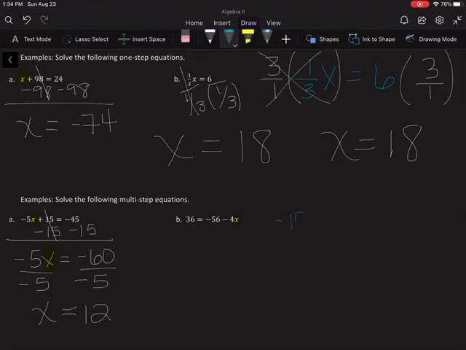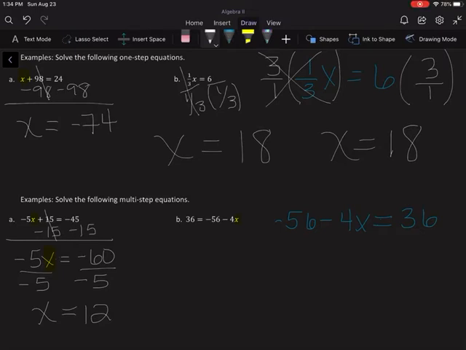If it is easier for you to switch it around, if you prefer that, that's okay. It just takes up some more time.